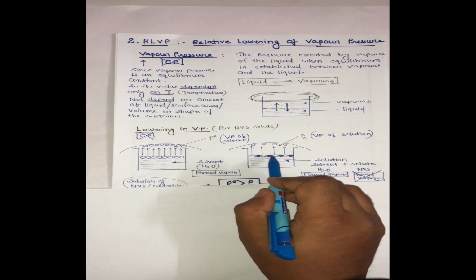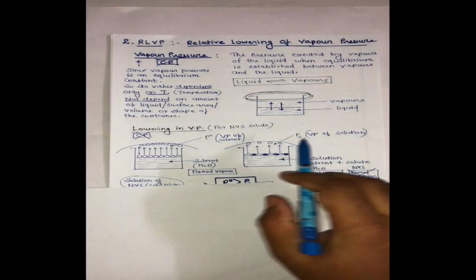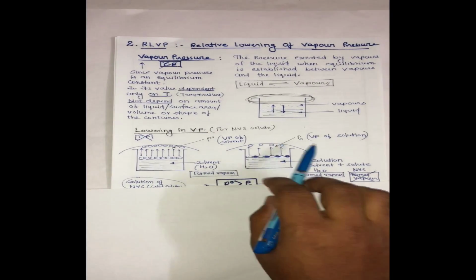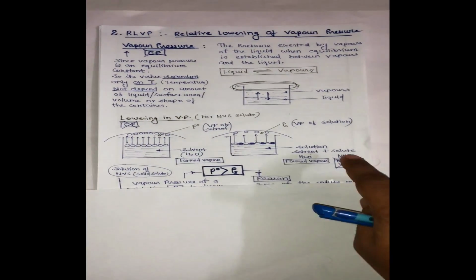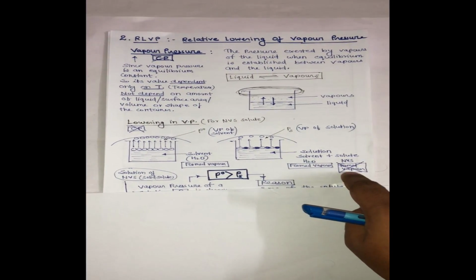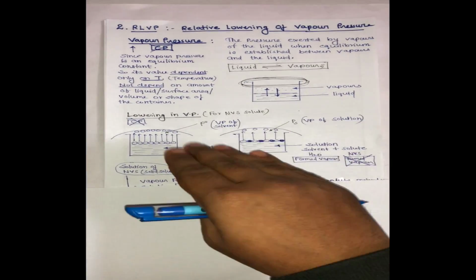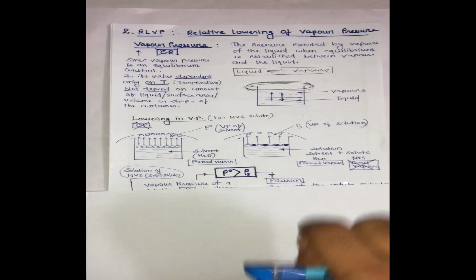Therefore vapor pressure is maximum for pure solvent and minimum for solution which contains non-volatile solute, which does not form vapor. Therefore vapor pressure is considered less in case of solution.